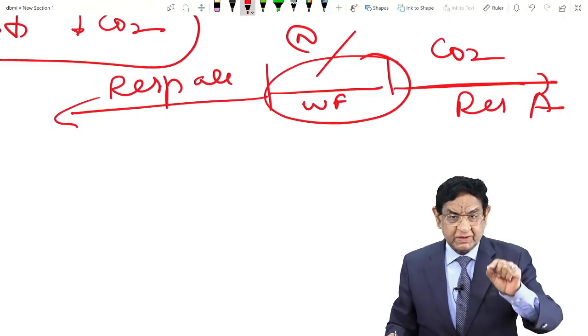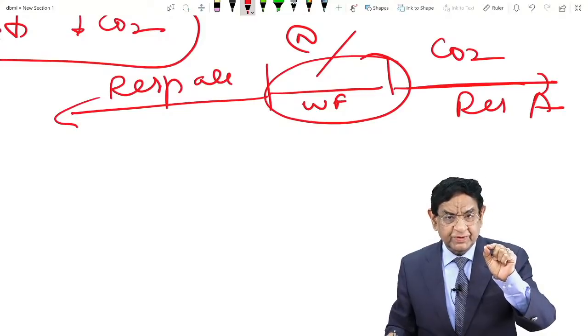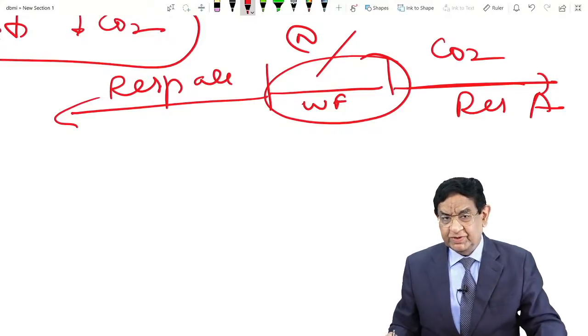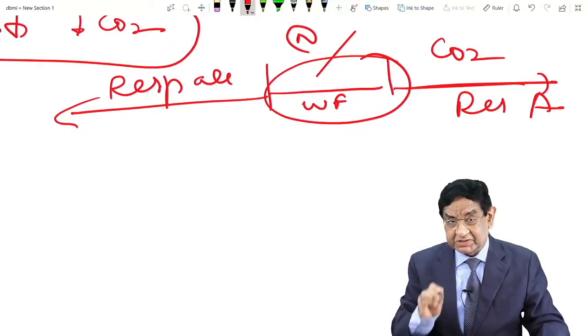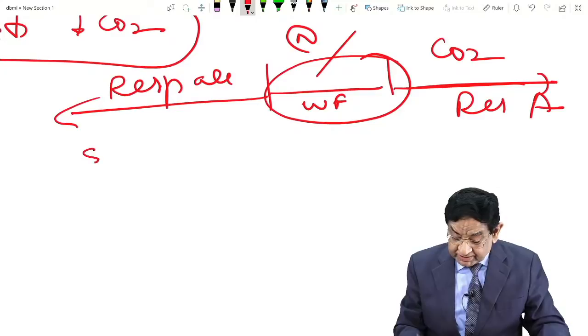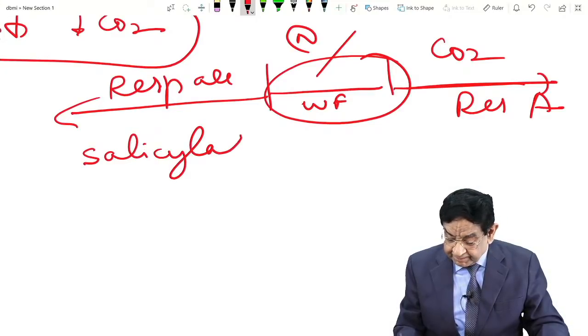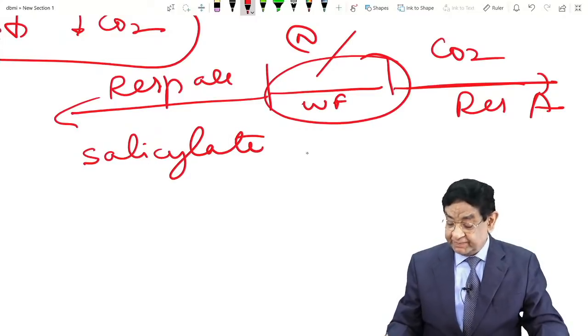So friends, classically in salicylate poisoning, the steps are like this. Write down the golden line in salicylate poisoning.